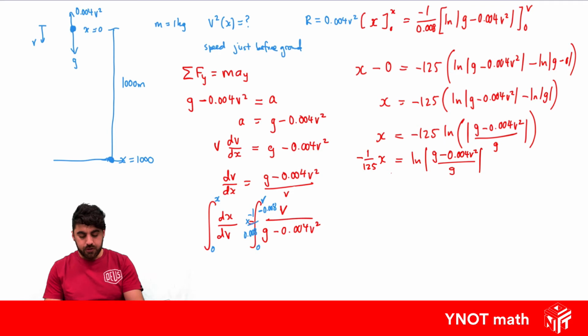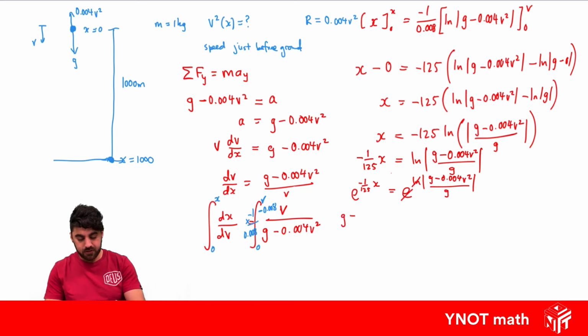Then we're going to make both sides the powers of e. So we're going to have e to the minus 125x equals e to the ln of the absolute value of g minus 0.004 v squared all on g. The e and the ln will cancel out.